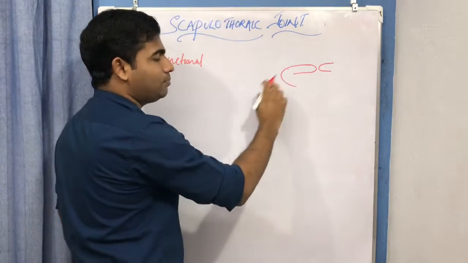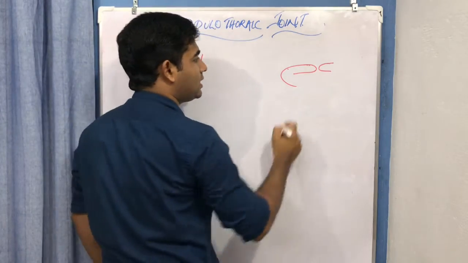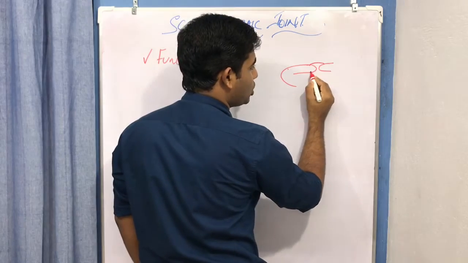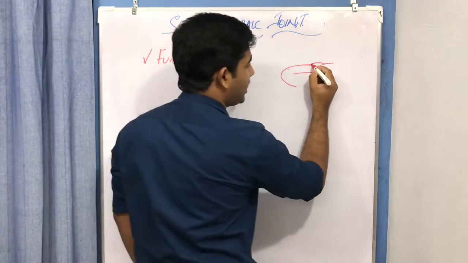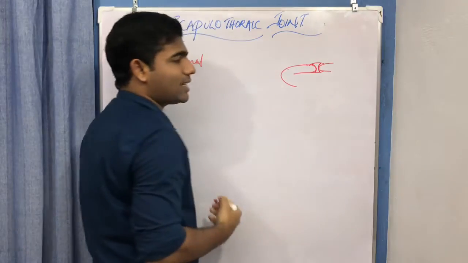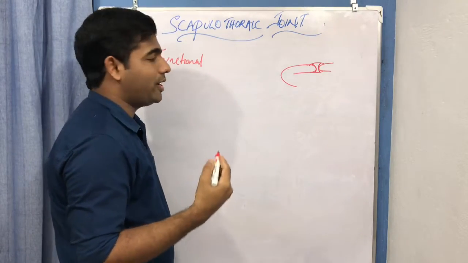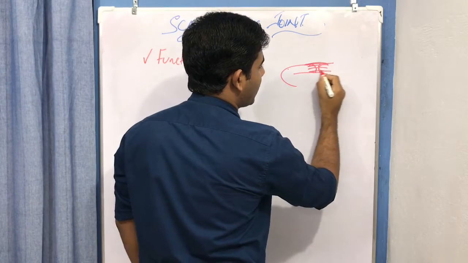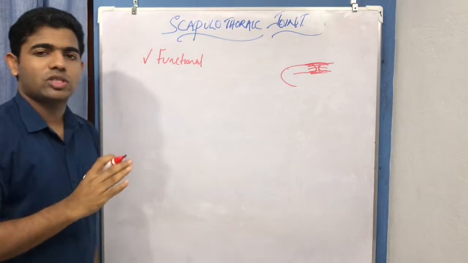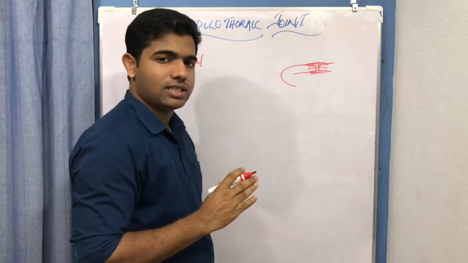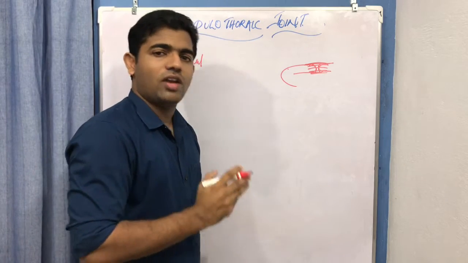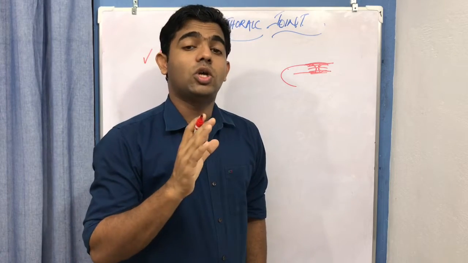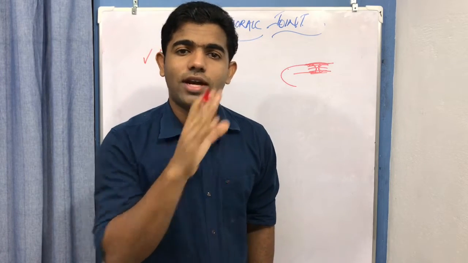These are not simply sitting over here, but are joined by a fibrous capsule. There is synovial lining, there are associated structures like meniscoids, and there are ligaments which join them. Such anatomical structures, such as a fibrous sheath or a fibrocartilaginous sheath or a synovial membrane, are not seen in functional joints.